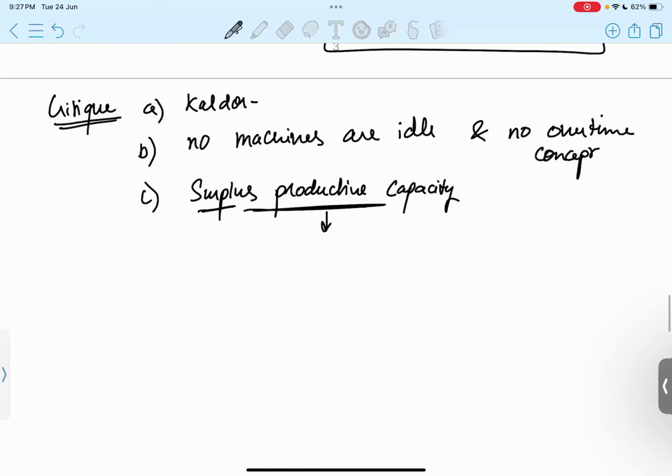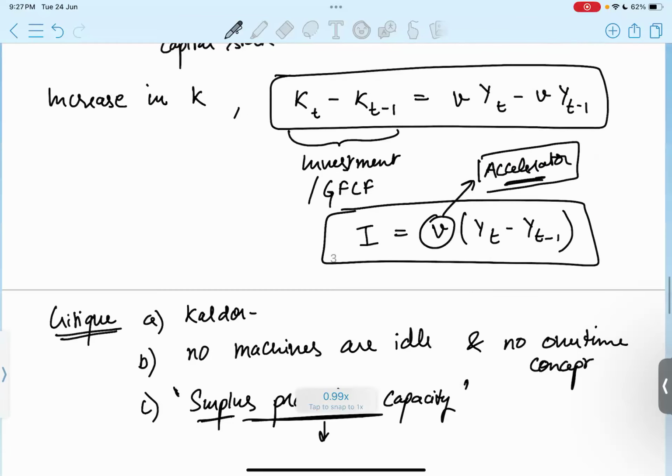But that surplus can only exist when there is a permanent increase in the demand for machines. If that is not permanent, or it is fluctuating or variable, then actualizing this is something next to impossible. So this is the critique, and that's how the accelerator theory of investment works.